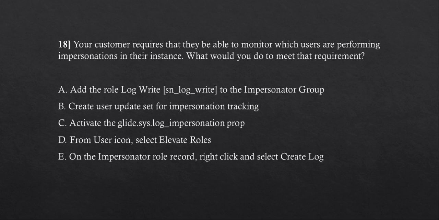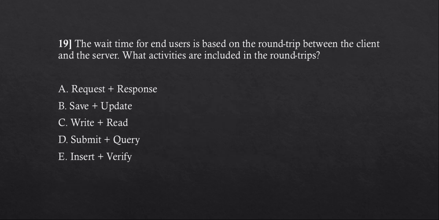C. Activate the glide.sys.log_impersonation prop. D. From user icon, select elevate roles. E. On the impersonator role record, right-click and select create log. Answer, C.